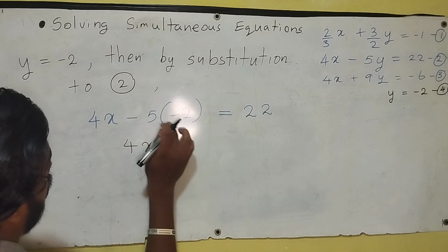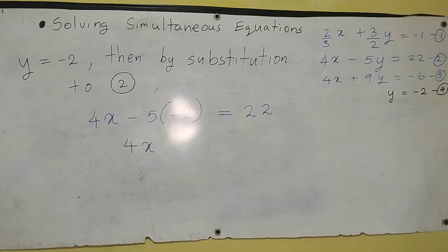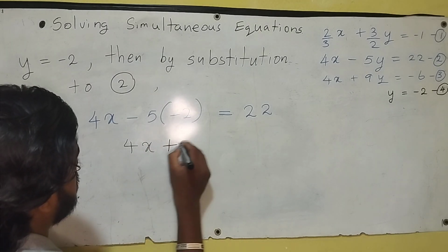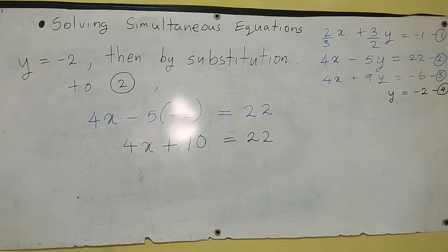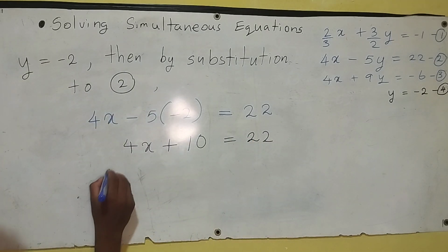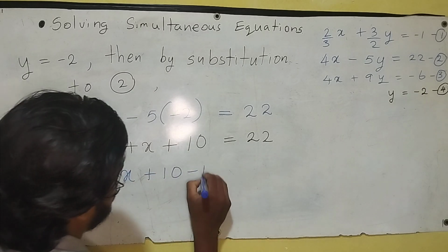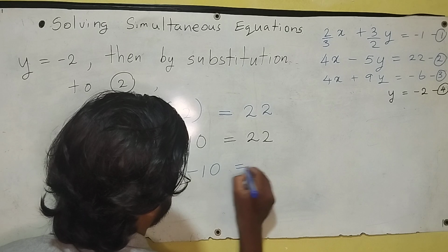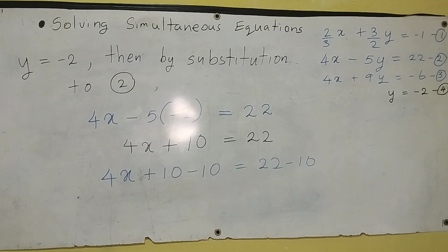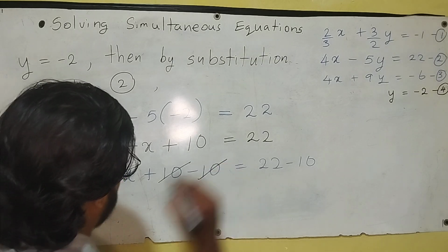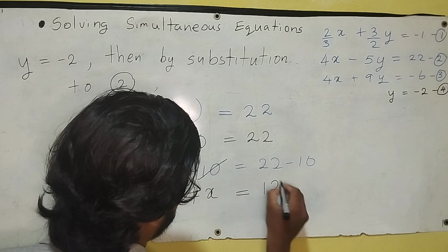4x minus, multiplied by minus, it is plus 10, equal to 22. Now we can subtract 10 from both sides. Now we can cut off, 4x equal to 12.